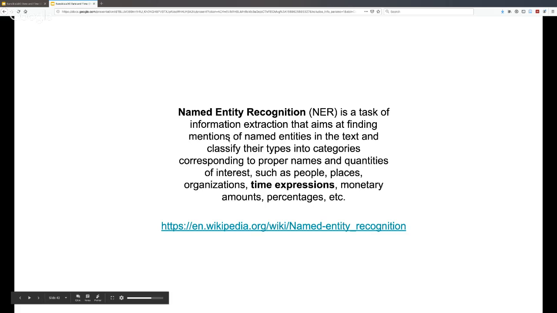And we can have people, places, organizations, time expressions, monetary amounts, percentages, etc. And I'm referring to this today because part of named entities is constituted also by time expressions.